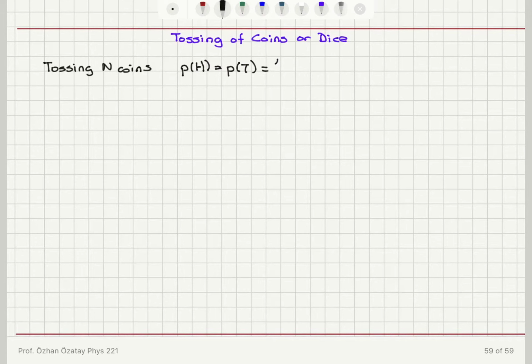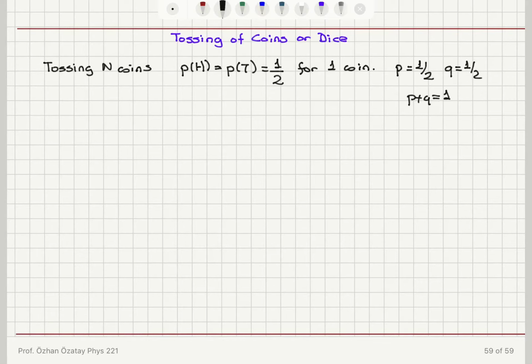It is 1/2 because there is no preference, assuming that the center of mass is in the middle. So this is true for one coin. Okay, so the probability of occurrence P is 1/2. Probability of non-occurrence Q is 1/2, and P plus Q is equal to 1.